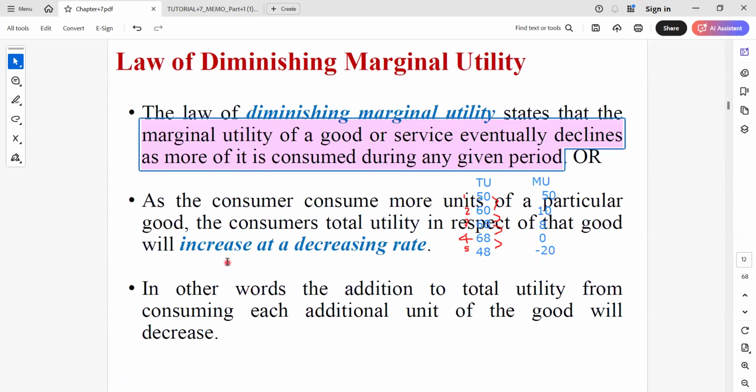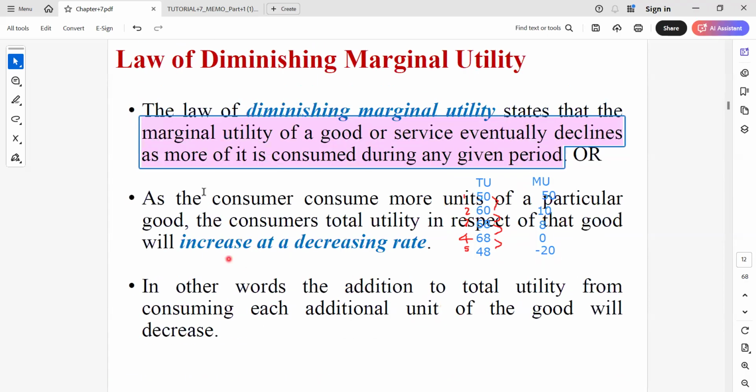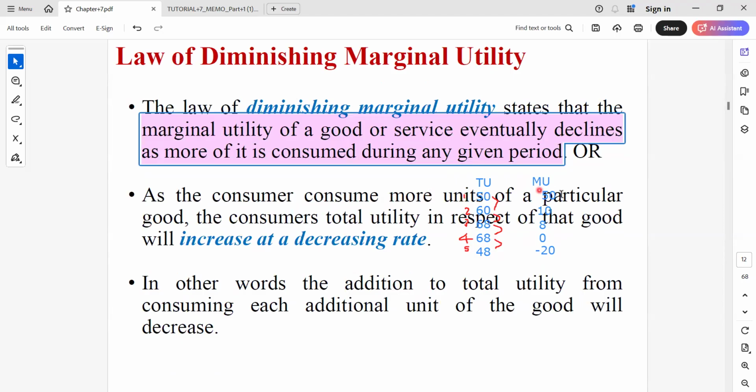As the consumer consumes more units of a particular good, the consumer's total utility in respect of that good will increase at a decreasing rate.